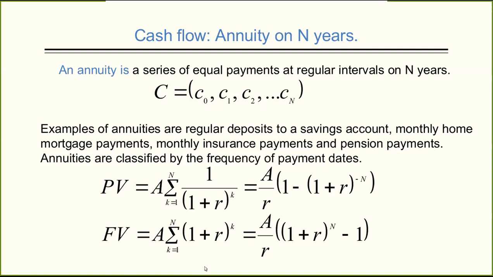Because this 1 over 1 plus r to the k power will be less than 1, and so this is the sum of a geometric progression. It's really easy. We can now continue the presentation, but at the end we can write this on your blackboard.